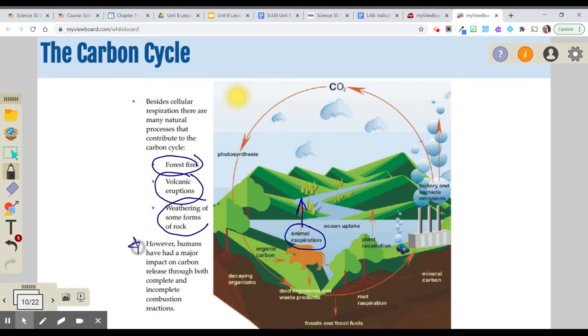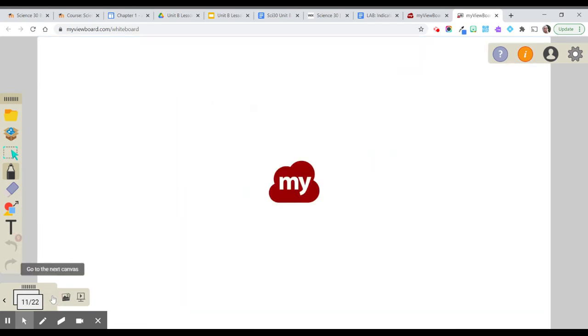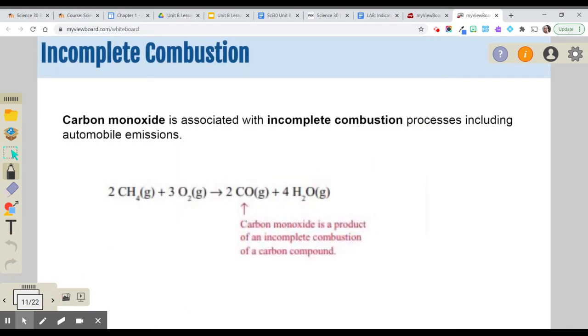However, what we're seeing is that humans have a major impact on carbon being released in our atmosphere. And this would be due to factory emissions, vehicle emissions, also increased numbers of cattle. So we're going to look at how that affects not only the carbon cycle, but our environment in general.